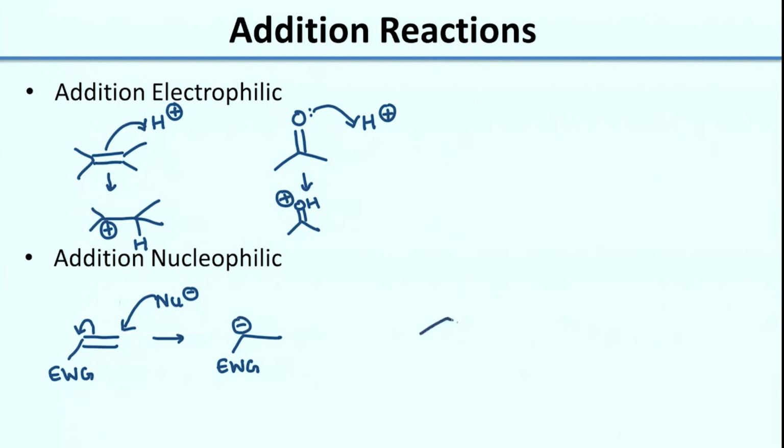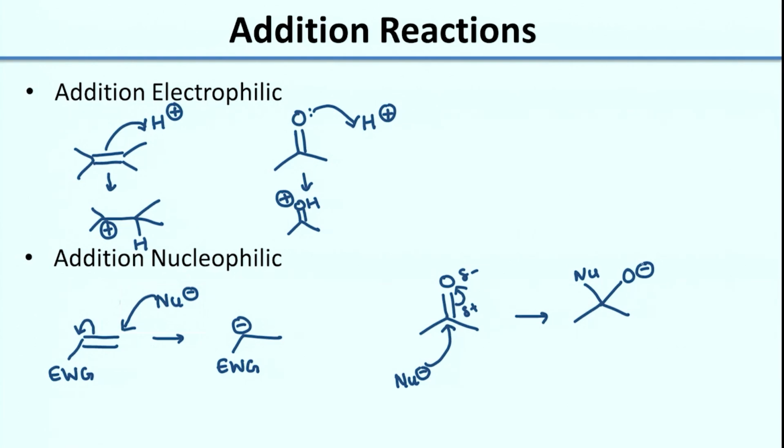Similarly, if I have a carbonyl group, again when you had looked at the aldol reaction, you have delta plus, you have delta minus, you can think of a nucleophile. The nucleophile would be coming to your electron deficient carbon center, and what you would end up generating would be this tetrahedral intermediate.